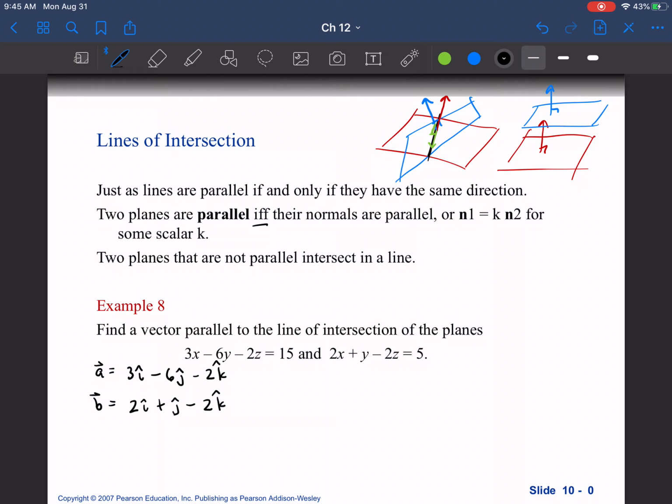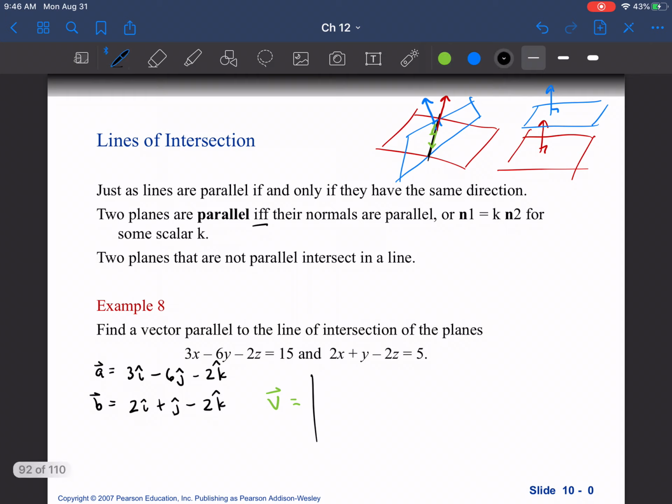And then in order to find a vector that is parallel to that line, you simply do the cross product of the two normal vectors. So you'd want to go ahead and just solve this. I'm going to leave this for you to do, but we'll call this vector v, our vector that's parallel to them.